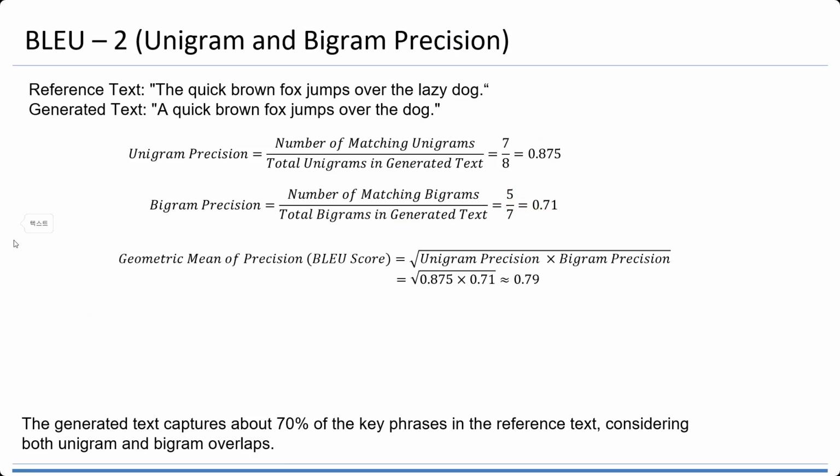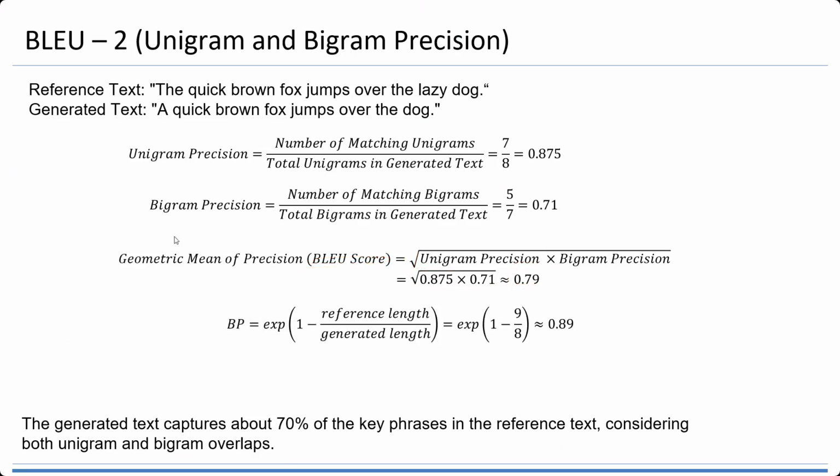We can calculate the geometric mean precision, which is from the BLEU score. We use the square root of the unigram precision multiplied by the bigram precision, and we get a geometric mean of precision of 0.79.